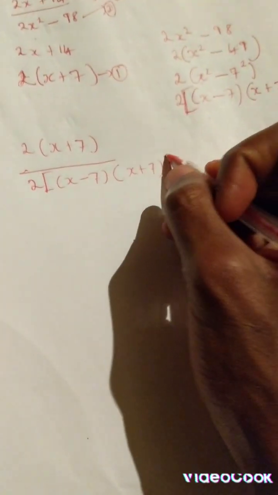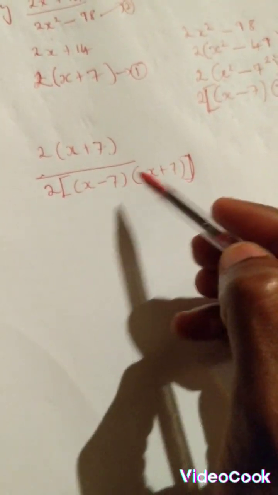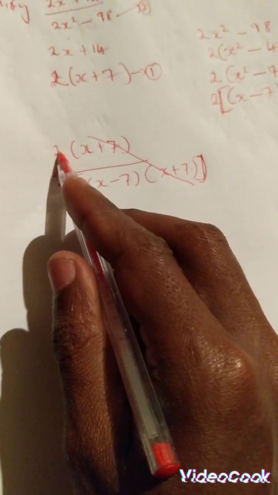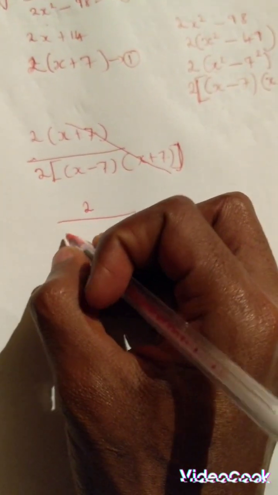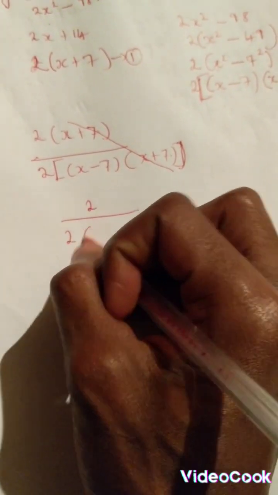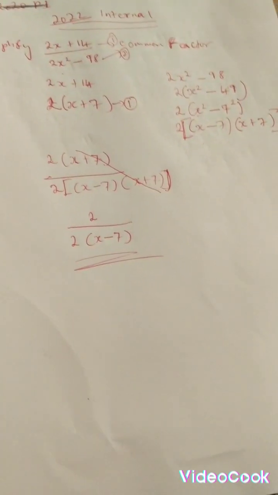You close. Now look, x plus 7 is just the same as x plus 7, so these two cancel. Here on top we are remaining with 2. So we are going to say 2 over 2 then x minus 7, and the answer ends from here.